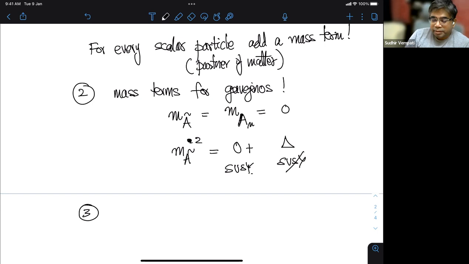But if you don't care about this constraint, that the loop corrections can be anything, I'll organize my loop corrections in such a way that they are fine-tuned. I don't care about fine-tuning. I'll organize them so that they fit the data, and the rest of them I push all the way to the Planck scale. There is nothing stopping you. You can push them very high, and it's a possibility.